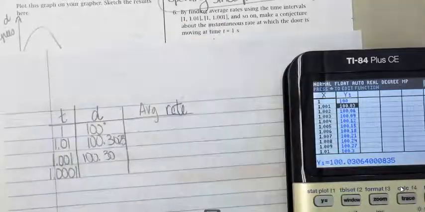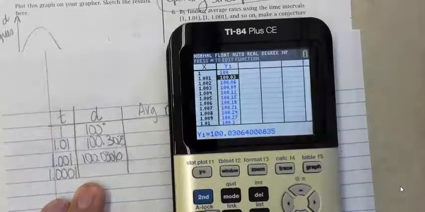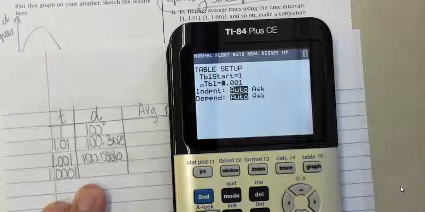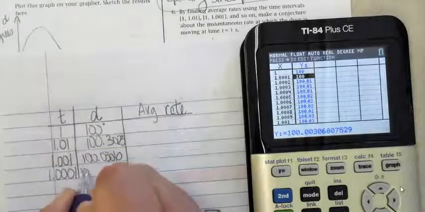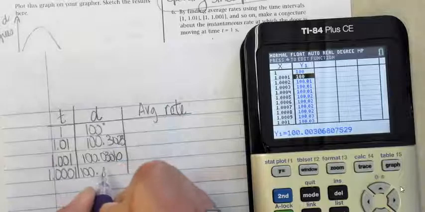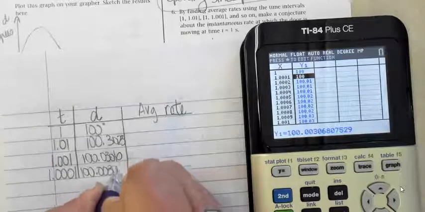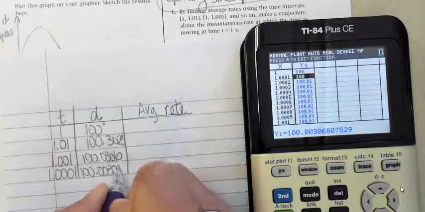Oops, 0306. And then do the same thing. So 100 point, let's go 5 decimal places now. 00307. How about that?